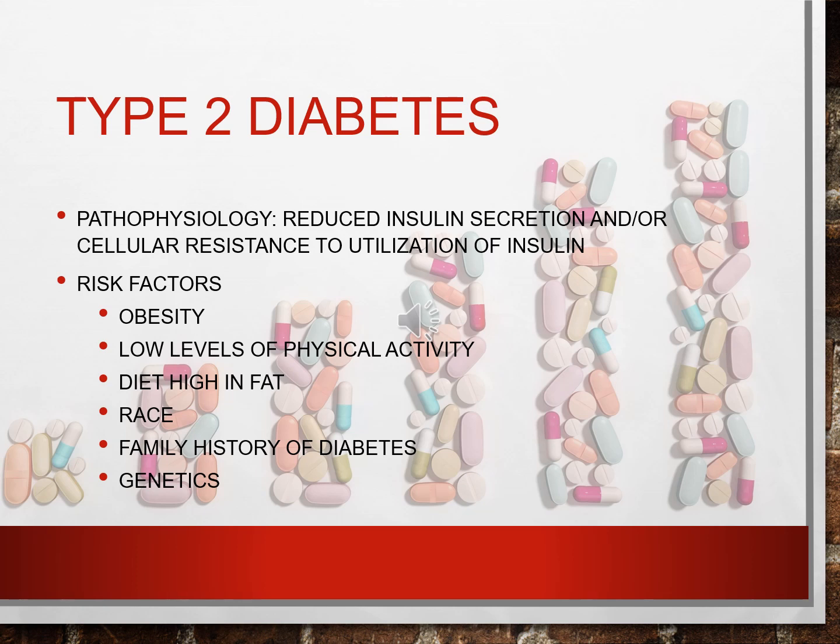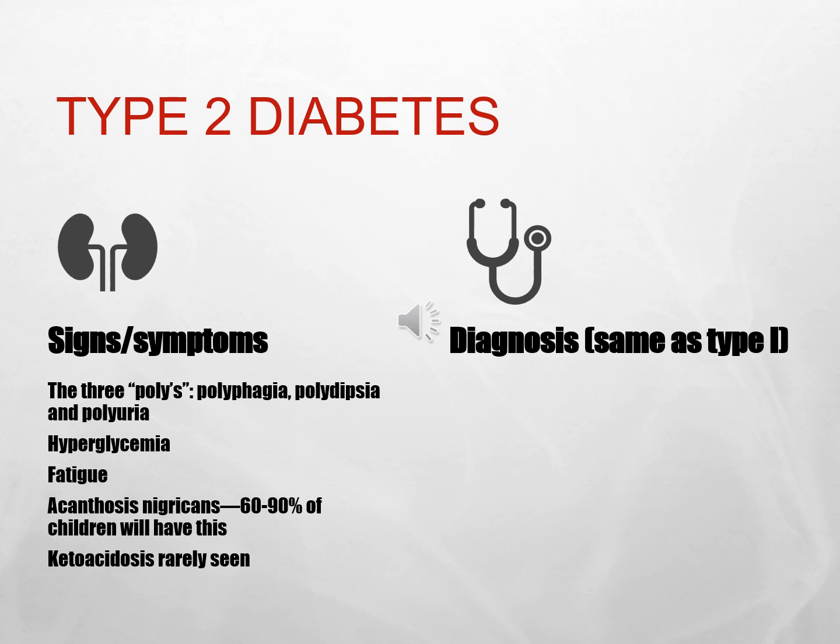It is associated with insulin resistance, and most children are diagnosed between the ages of 8 and 19 years of age. Signs and symptoms of diabetes mellitus type 2 are very much the same as in adults.